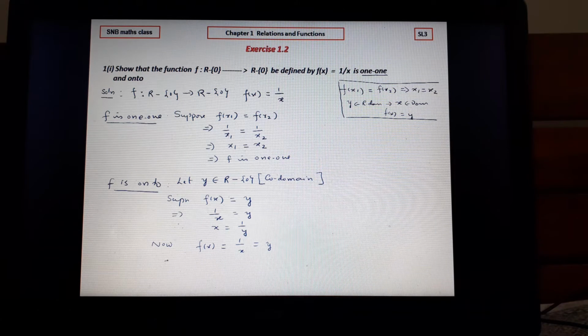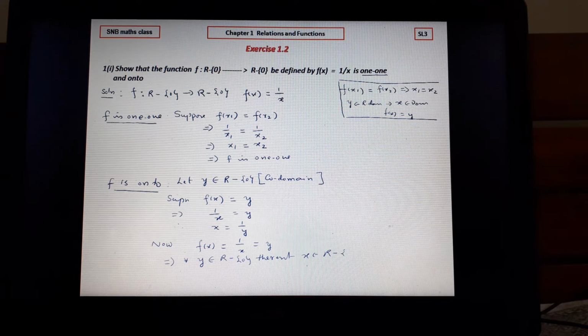So this implies for every y belonging to R minus 0 there exists x belonging to R minus 0 such that f of x equal to y. So this implies f is onto.